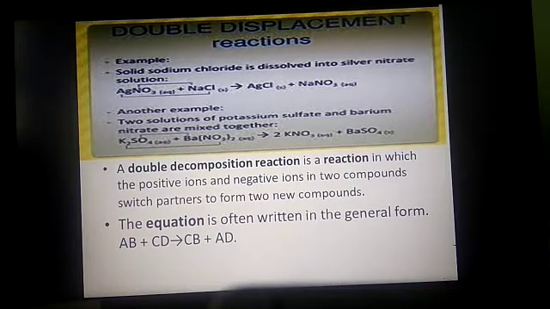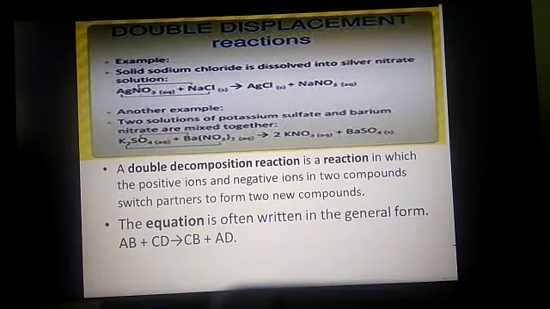So this is a double decomposition reaction, a reaction in which the positive ions and negative ions in two compounds switch partners to form two new compounds. Once again, the positive and negative ions in two compounds switch partners to form two new compounds.